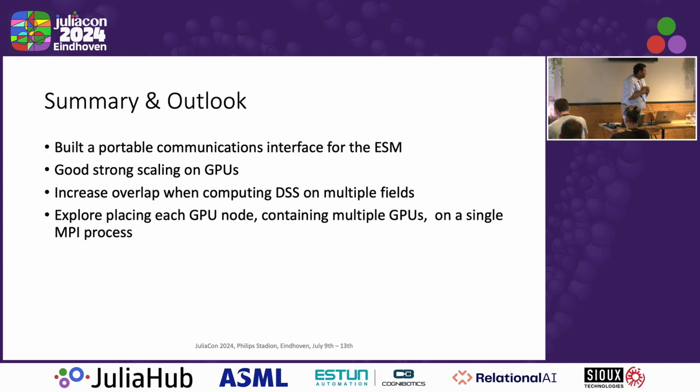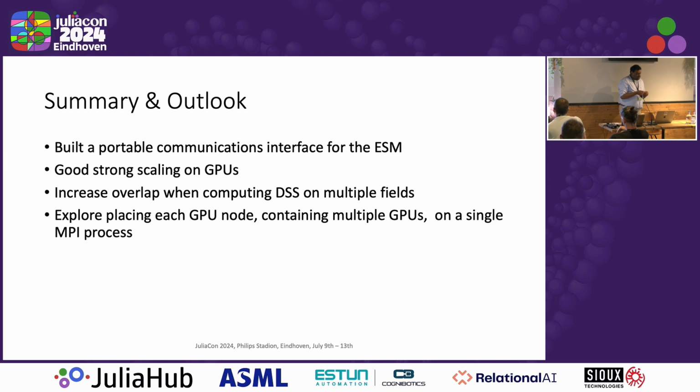So a quick summary. We built this portable interface which provides the communications interface for all the components in our Earth system model stack. We see good strong scaling results on the GPU from our preliminary runs. In terms of outlook, we would want to try to increase the overlap when computing multiple DSS on multiple fields to see if that further increases the scaling efficiency.